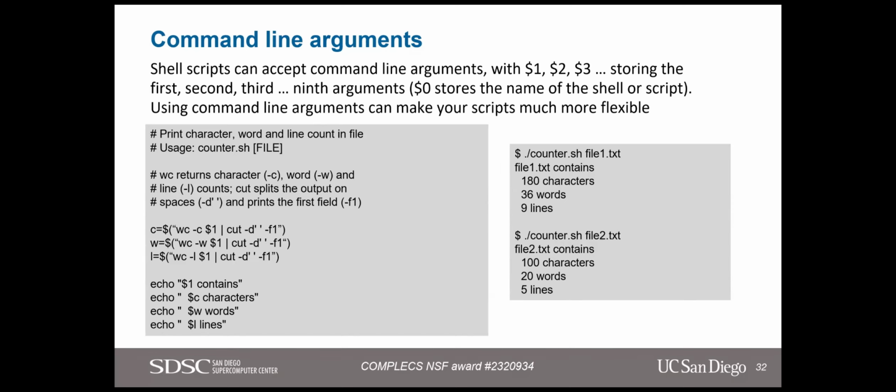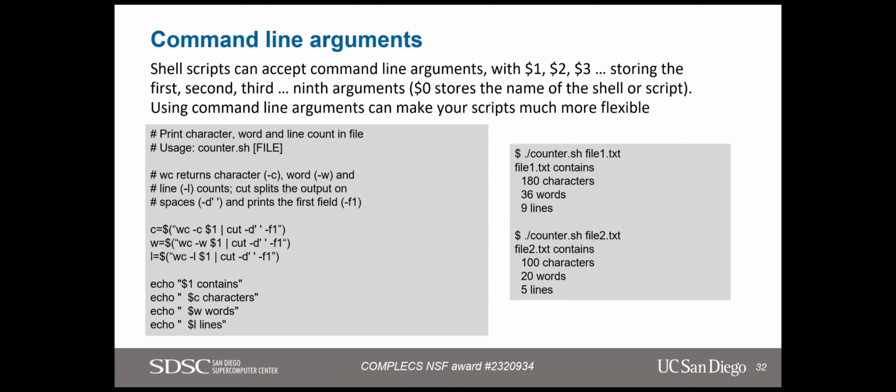Command line arguments. Shell scripts can accept command line arguments. Generally, you see the usage up there, counter.sh, and then in the square brackets is file. So that is what your input is going to be. For this one, if there's only one file, the $1 will return that one file.